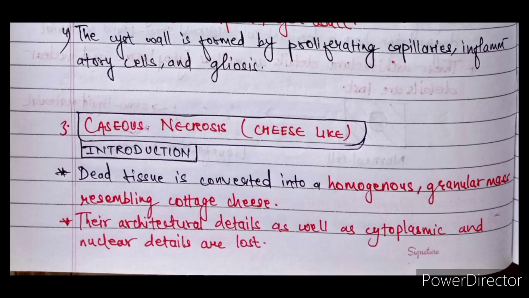Now let's see the third type of necrosis, that is caseous necrosis. It looks like cheese. So let's see its introduction. Dead tissue is converted into a homogeneous granular mass resembling cottage cheese. Their architectural details as well as cytoplasmic and nuclear details are lost in the caseous necrosis.